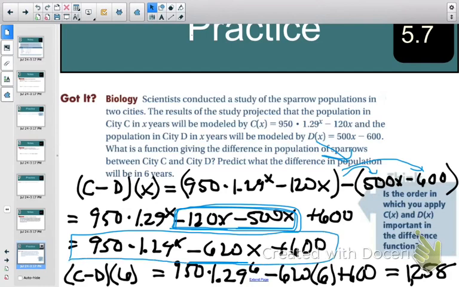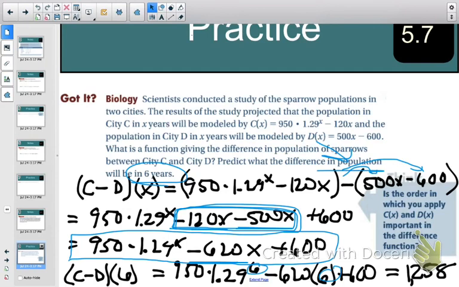And then we want to know the difference in the populations in 6 years. So we plug in a 6 for all the x's, for those two x's, and I got about 1,258 as the difference in 6 years.